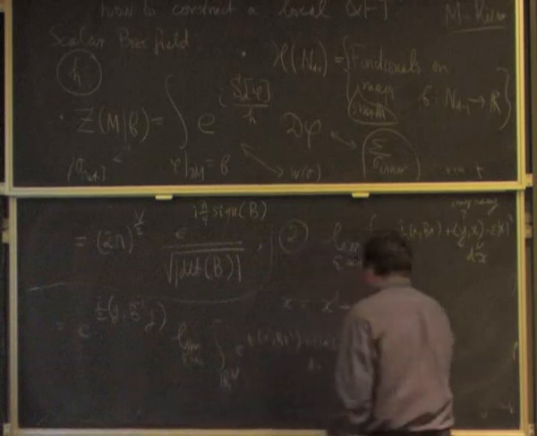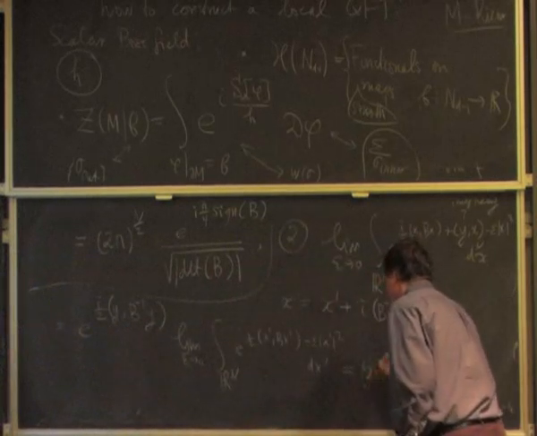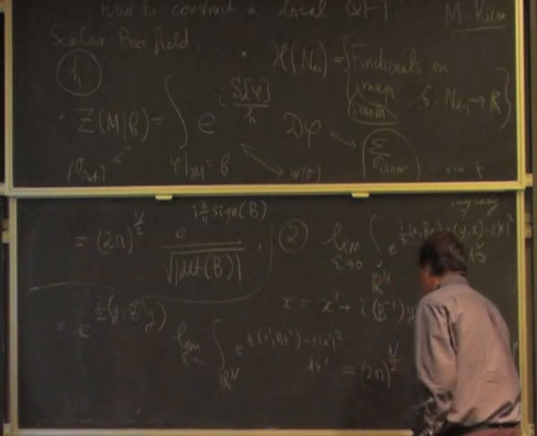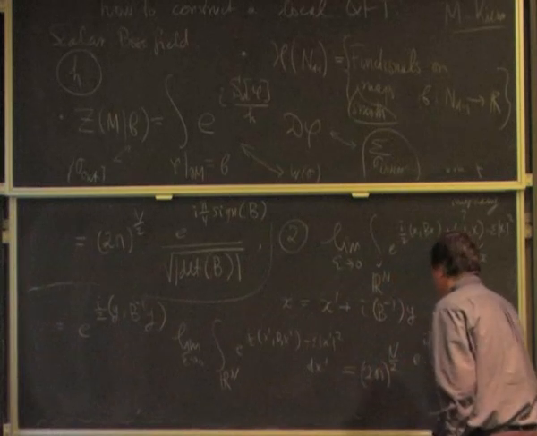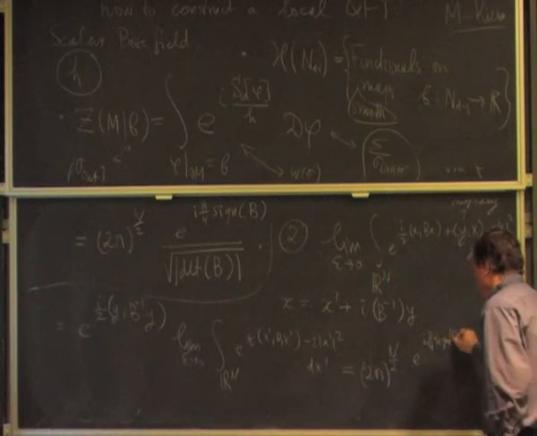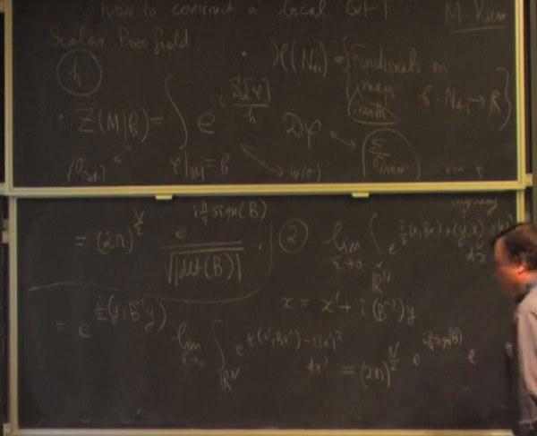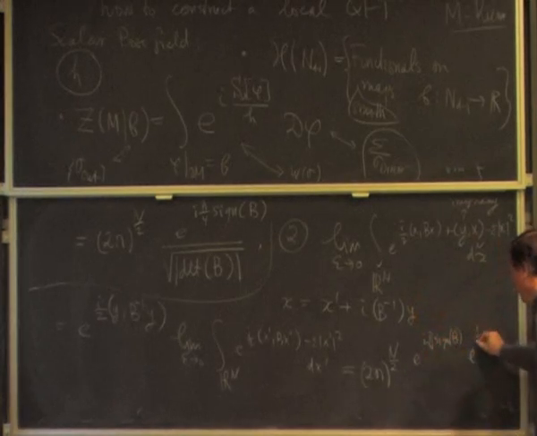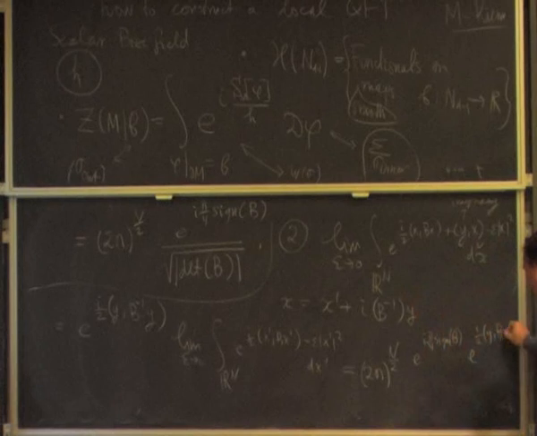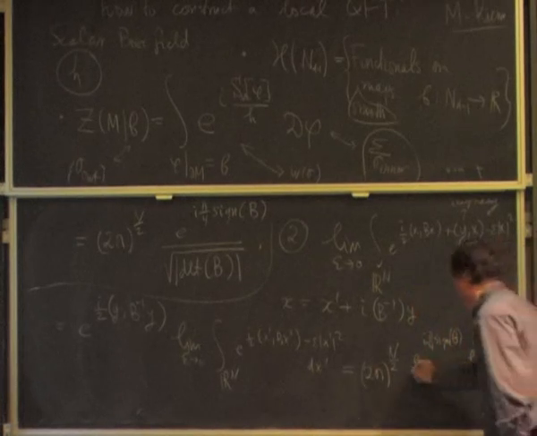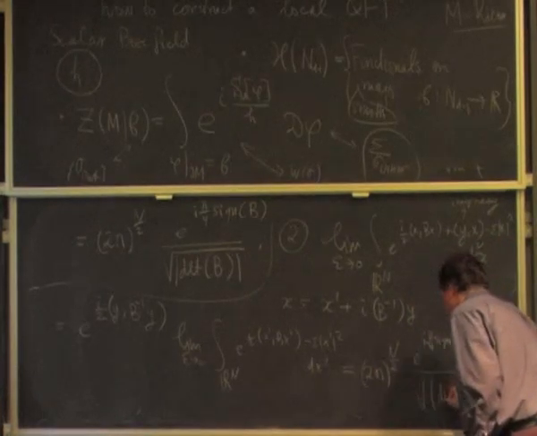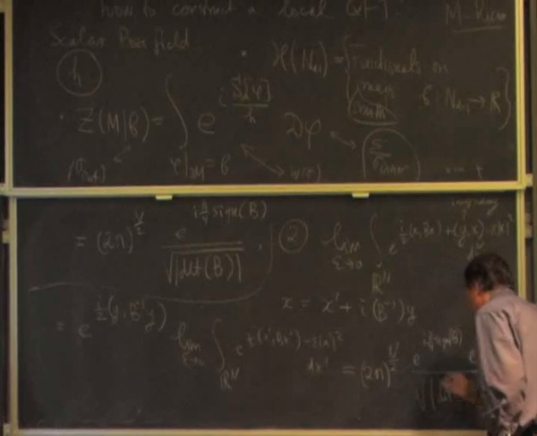And so this is (2π)^(n/2) e^(iπ/4 · signature of B). Then this goes in front, y B inverse y, over the square root of the absolute value of the determinant.